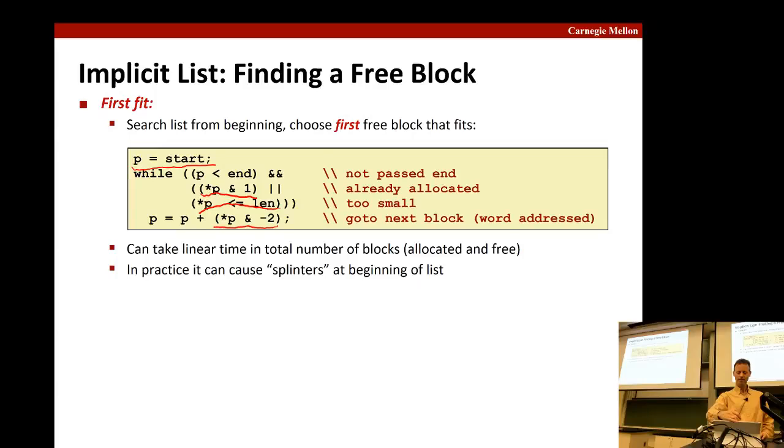Notice that in order to jump to the next one, I have to take that size field and AND it with -2 to zero out the allocated bit. That gets you the real size, and then add that and continue.